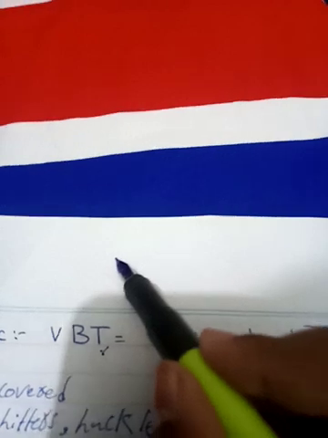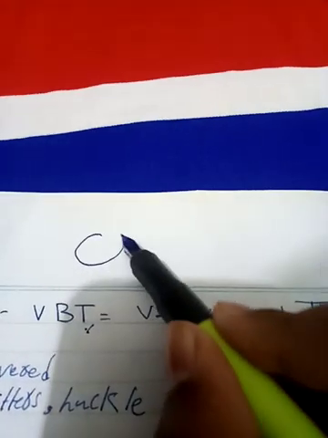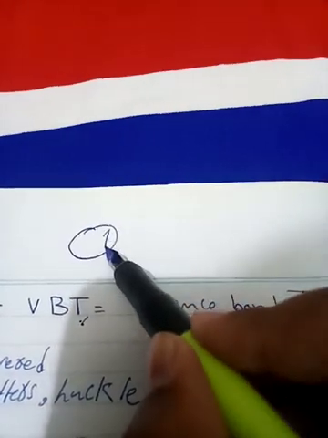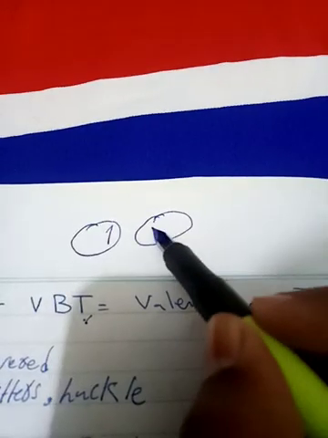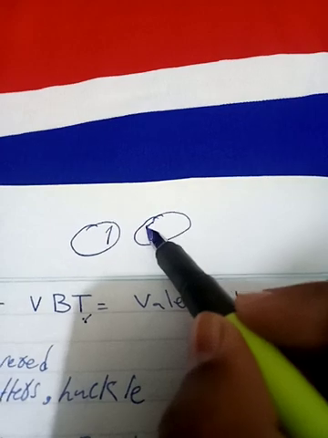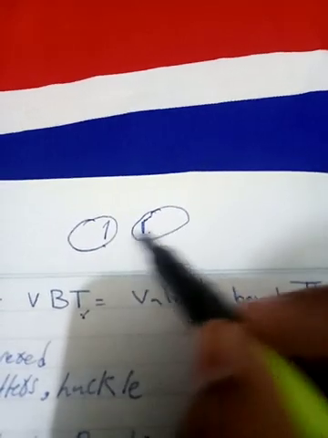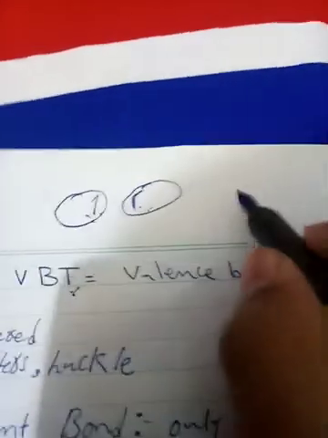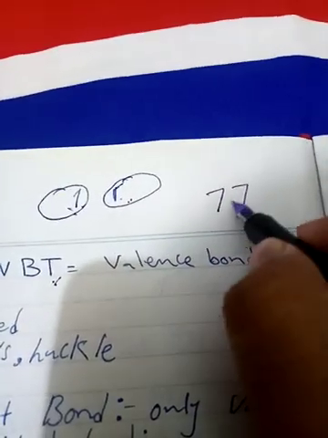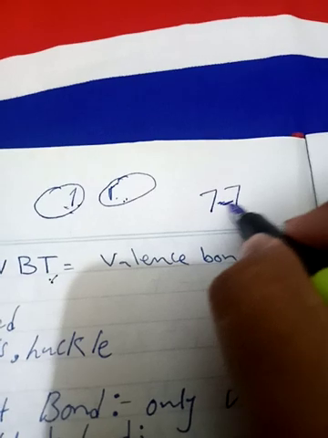For example, this one is one electron, and this one is the other electron. There should be inverse spinning, because if they spin the same way, they will repel each other.